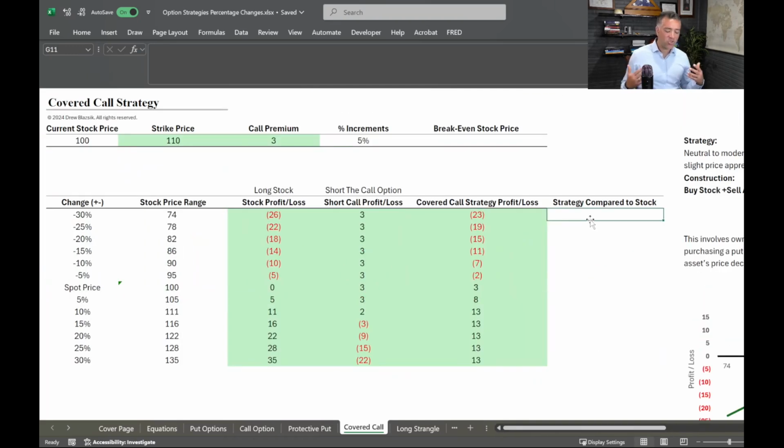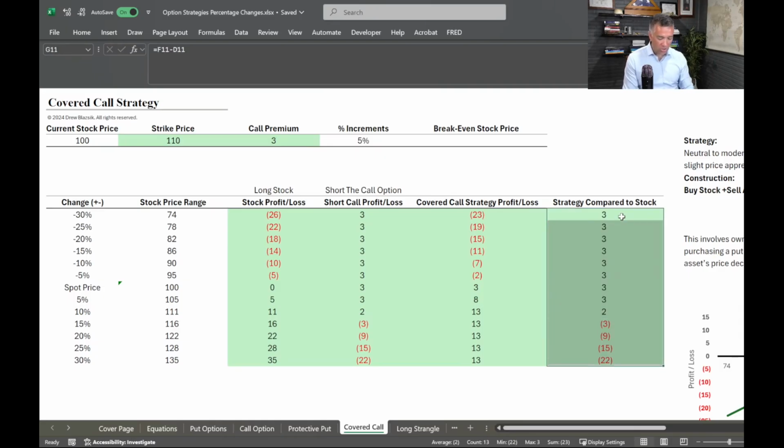What do I mean by strategy as compared to the stock? How much do we make there? So all I'm saying here, here's the strategy, and I want to know the difference between this minus just the stock price. So I'm going to shift it down.